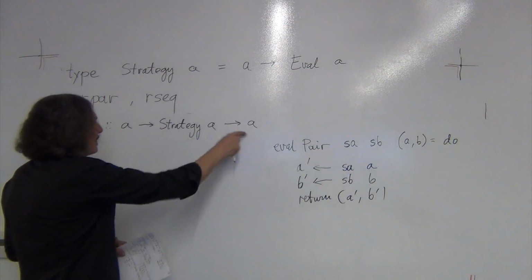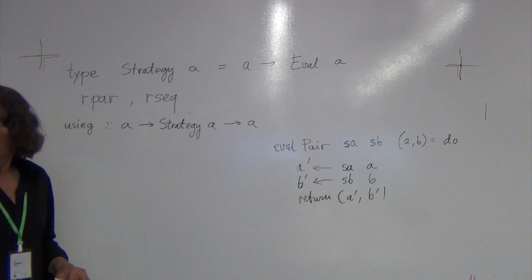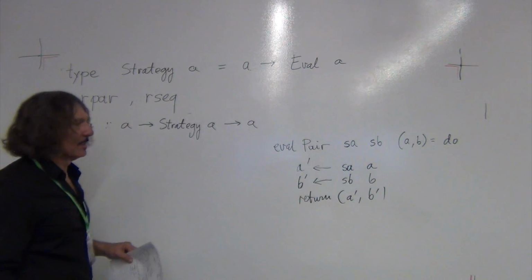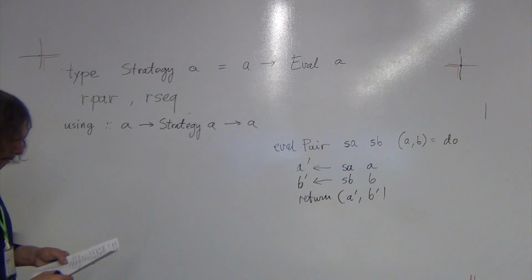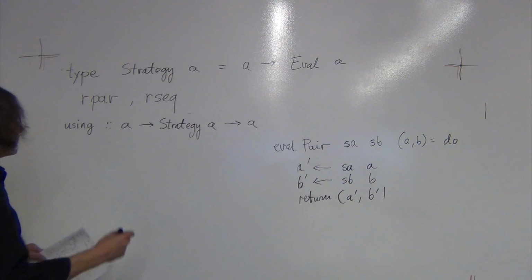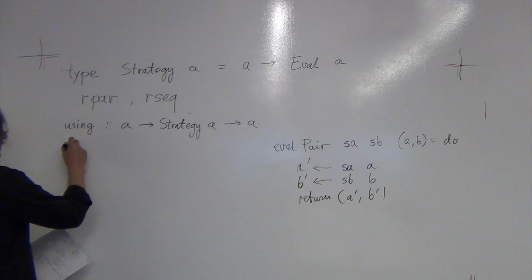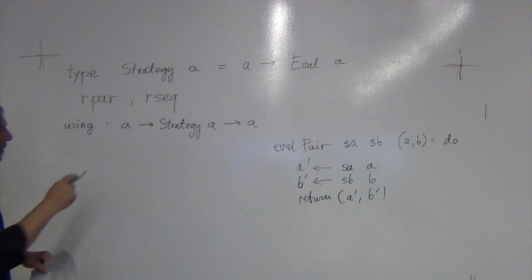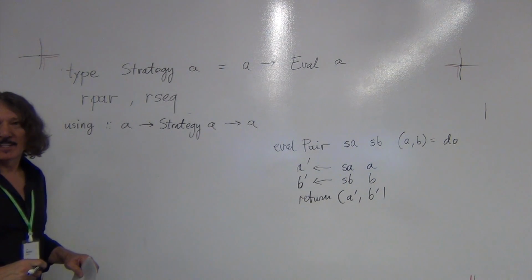So it just returns the same thing as the first argument, but the side effect of this is that it's evaluated using this strategy. So for instance, an example of using this, and this is the clever thing, because you can then use using in infix notation.